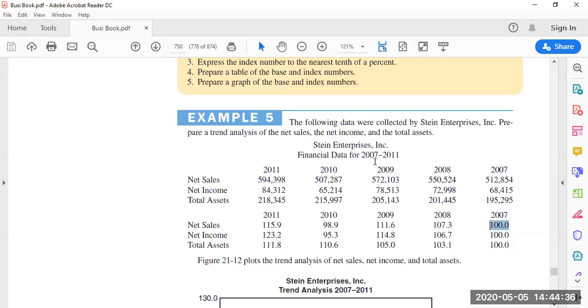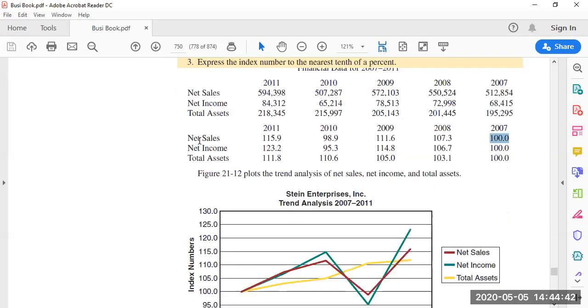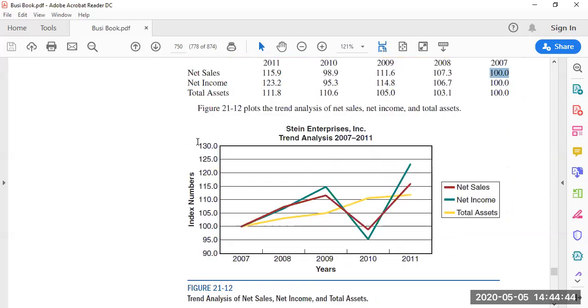So they'll convert these numbers into index numbers and then plot them on a chart. And this chart will show you the trends of these different items. So it depends on what you want to track. If it's going to be sales, cost of goods sold, gross sales, whatever it is, you put that in there and you can create these trends based on the methods we just showed.